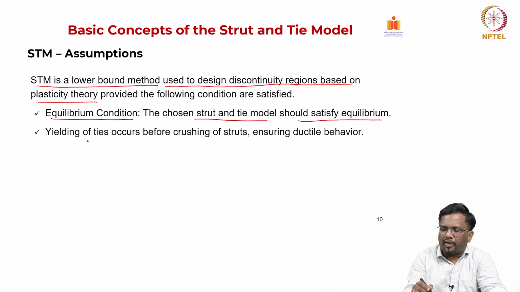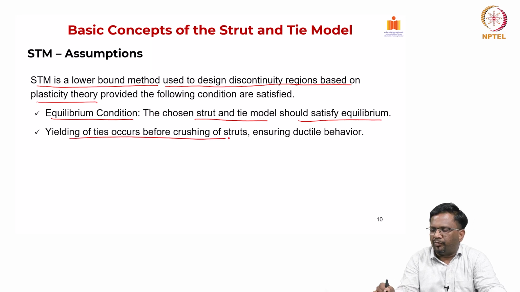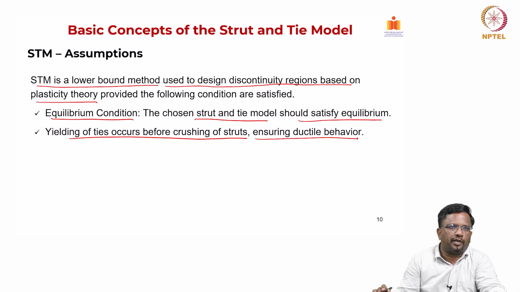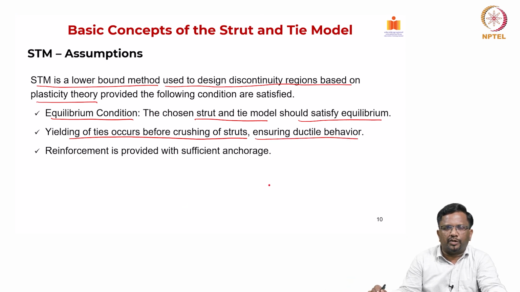And the yielding of the tie is also assumed to occur before the crushing of the strut. Again, this is a desired failure mechanism, because if the concrete strut is going to fail, it is going to be a very brittle mode of failure. So, we always want the ties to yield, as that will help in ensuring ductile behavior. Now, reinforcement: the ties should be properly anchored.